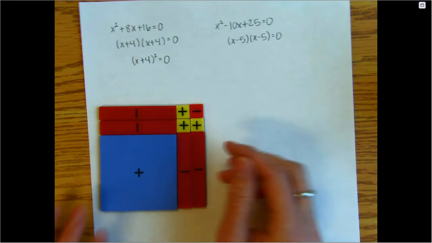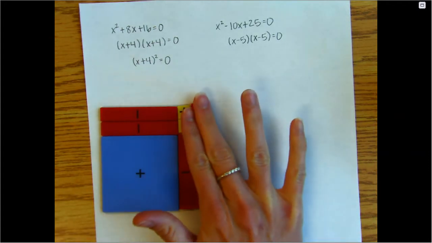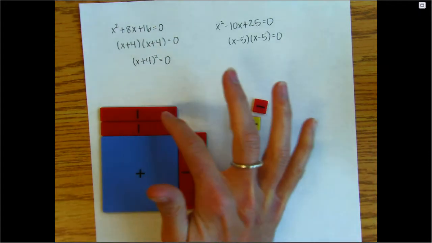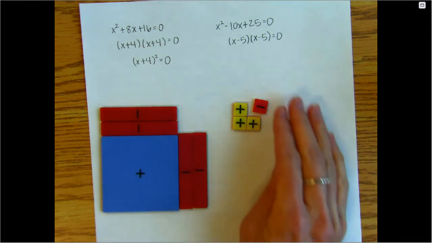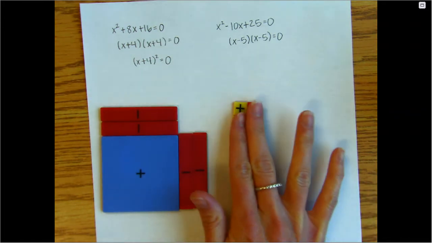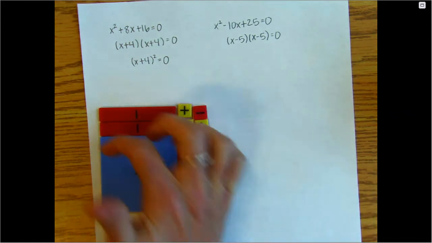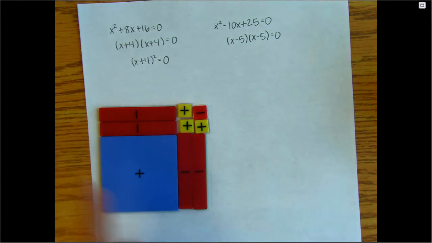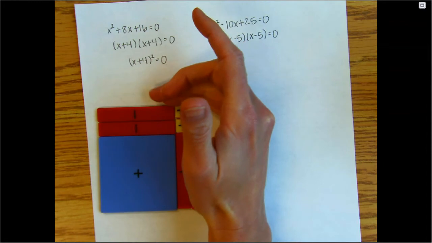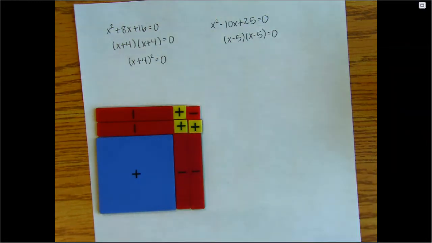So notice the area of the square that I'm adding to literally complete the square there is 2 times 2. And then I've completed my square.